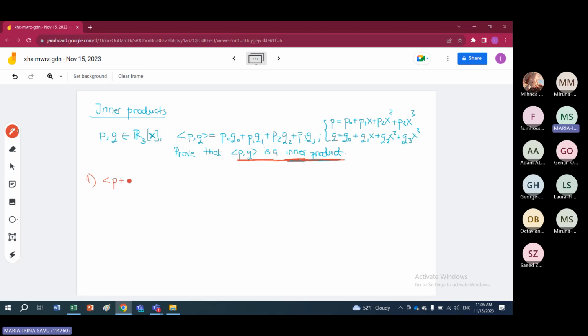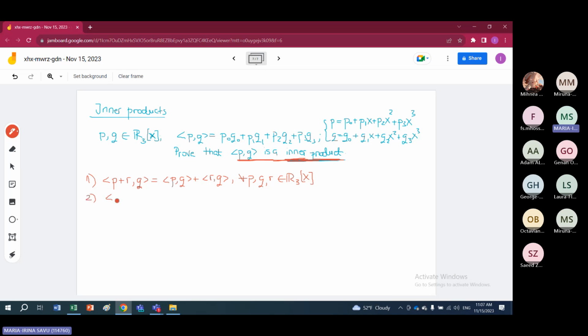P plus, let's say, another letter R. P plus R and Q is PQ plus RQ, where P, Q, and R are every polynomial of degree 3.